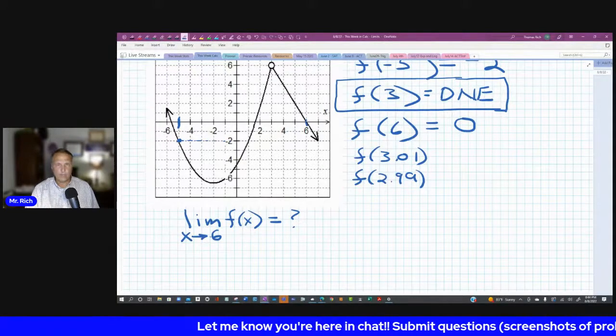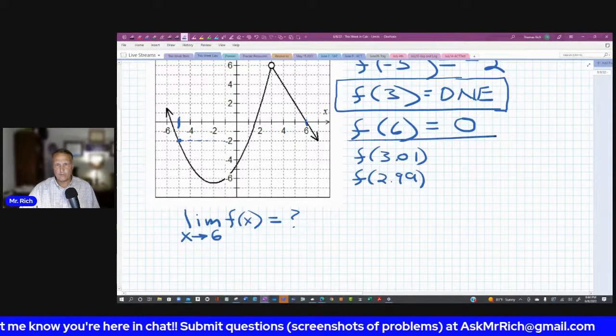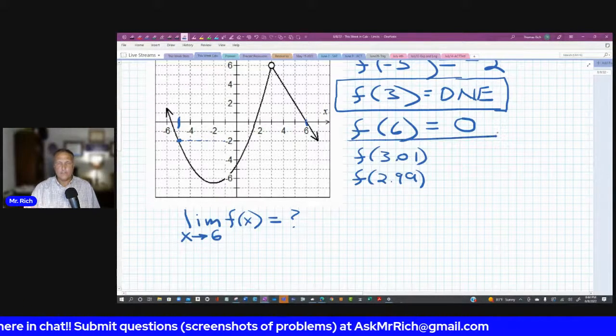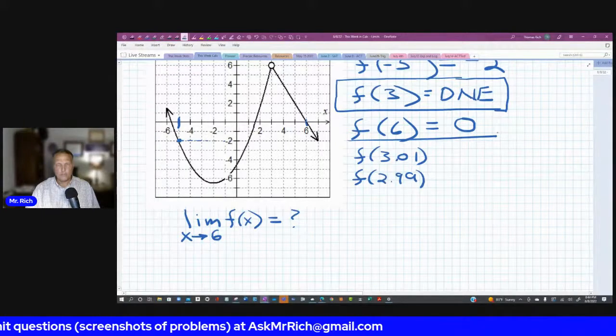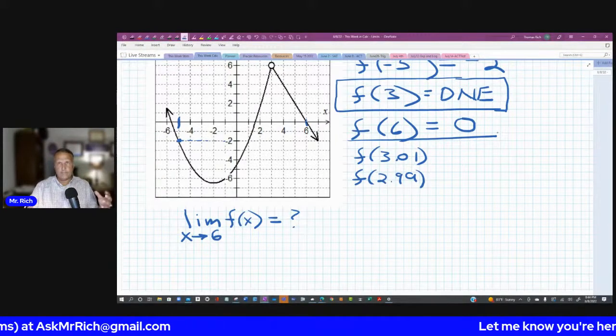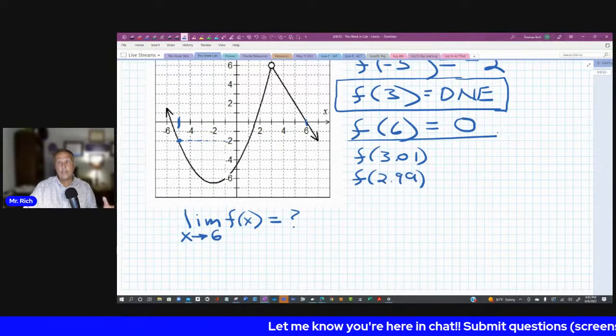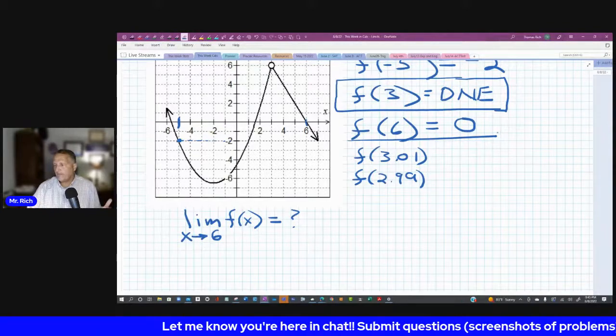Not what is f of 6. We know that's function notation, f of 6. But it's asking a different question. It's saying, what about on either side of 6, like at 6.0001 or 5.999, what are the y values getting very, very close to?